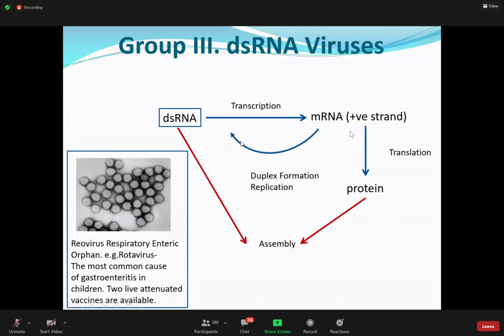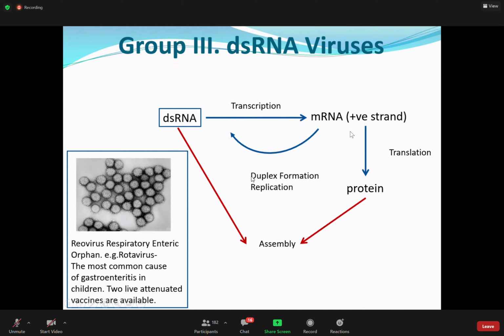The double-stranded RNA is not much of a problem to look at, because here you have a minus strand and a plus strand, and so again, from that minus strand template, you make your messenger RNA, which can then make proteins and also create the RNA-dependent RNA polymerase to make more RNA molecules. And these can assemble into the new progeny virus particles.